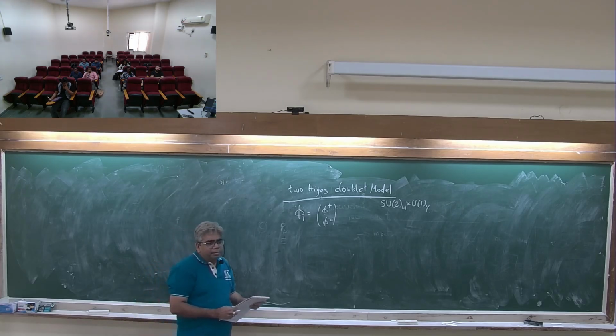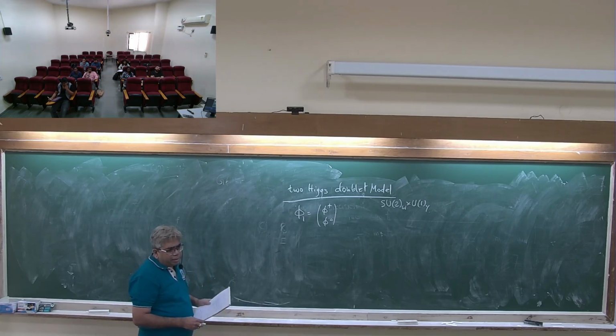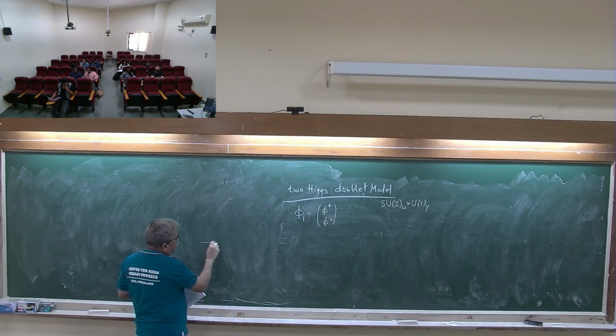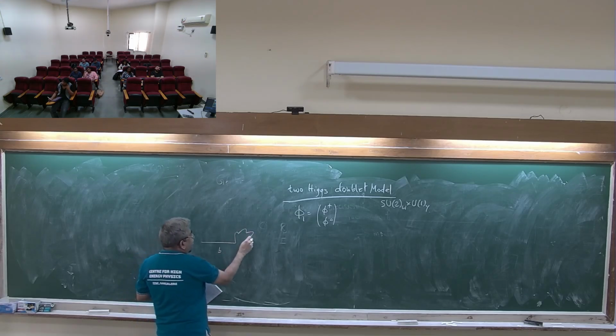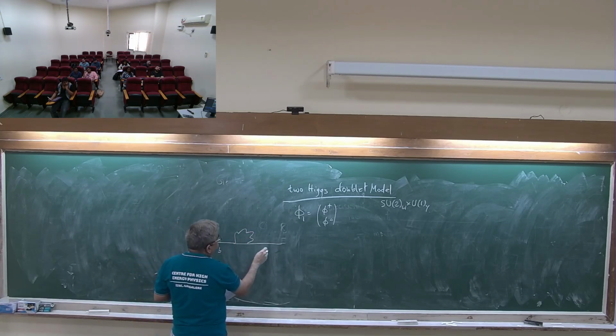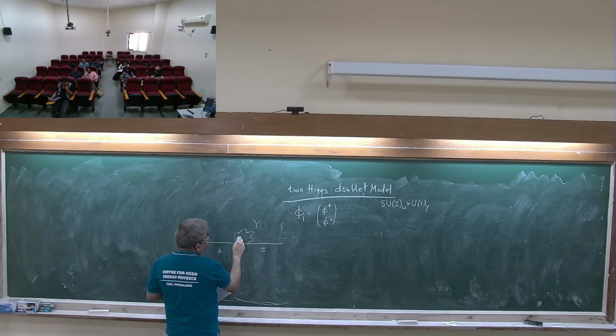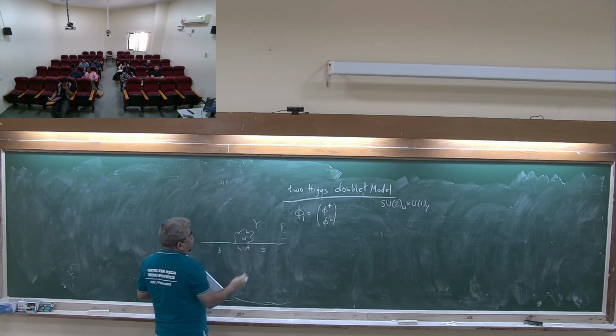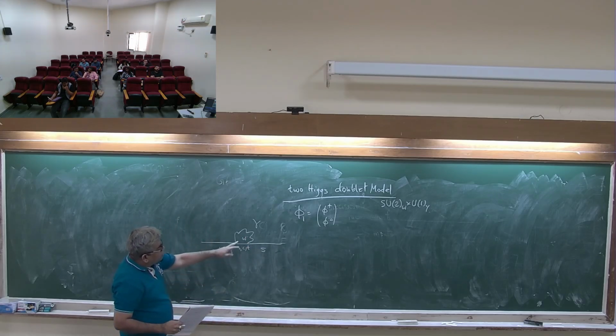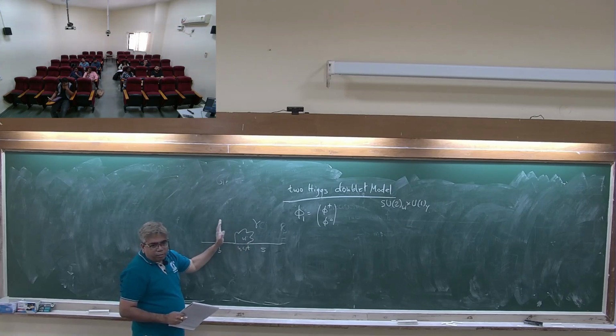I think I gave you the example of b to s gamma, right? I'll just repeat for people who don't remember. So b to s gamma has u, c, t, W. Now at one loop level it has a very different result.